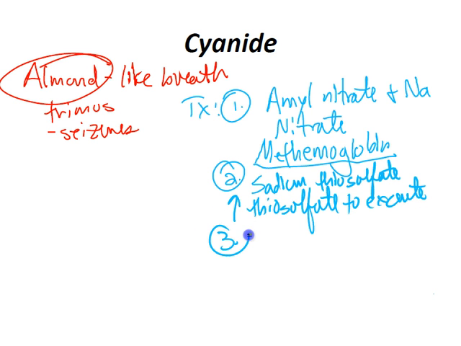And then number three, eventually what am I going to do? I'm going to give you vitamin B12, hydroxycobalamin. Hydroxycobalamin has been recently approved in the U.S. It combines with the cyanide to form cyanocobalamin, which is vitamin B12, which can be hepatically or renally excreted?